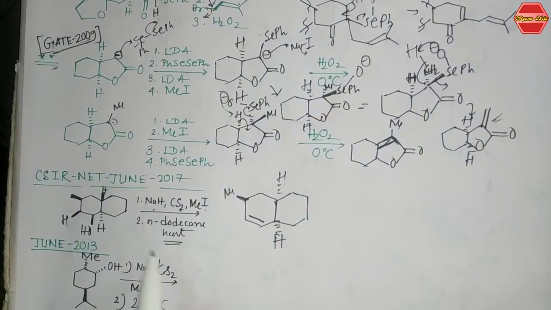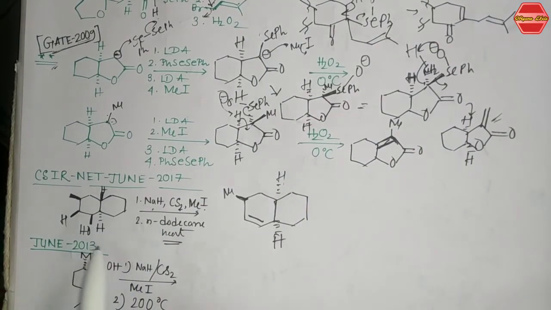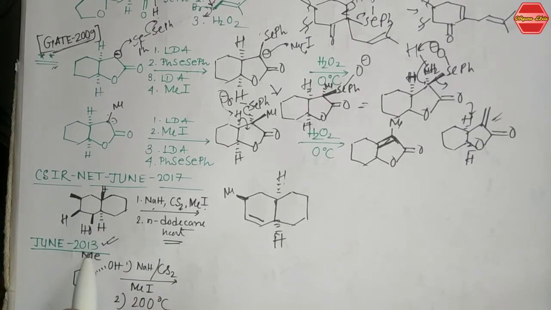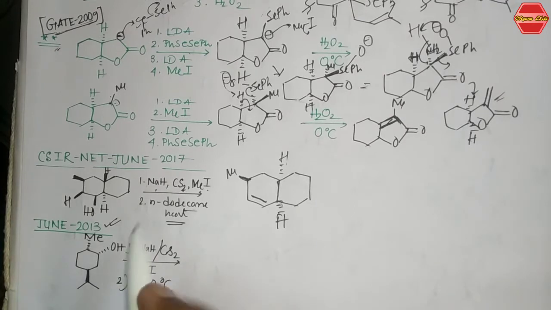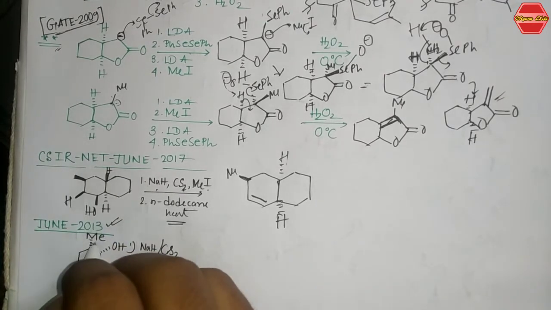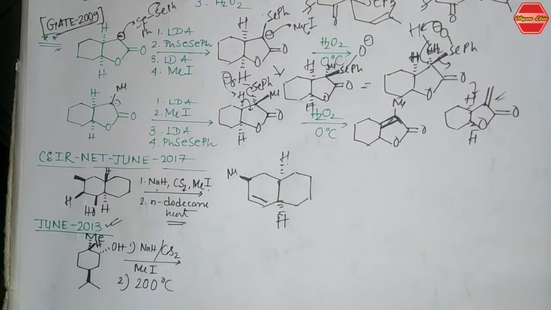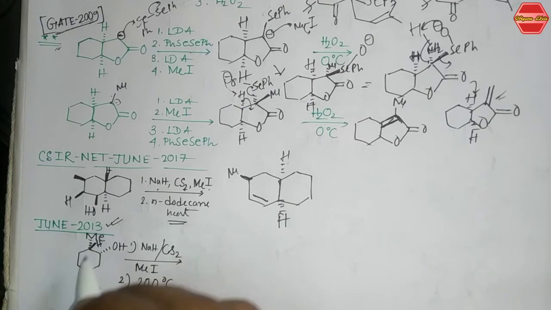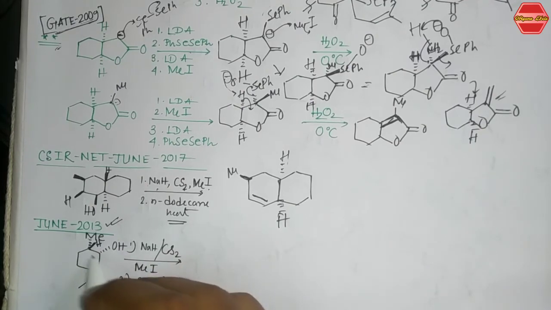Now a similar question that came in June 2013. The question says you have this methyl below the plane and this OH below the plane. Now this hydrogen here is above the plane. This overall group is below the plane, so alkene formation will not take place over here.